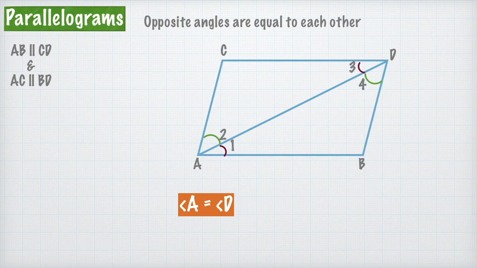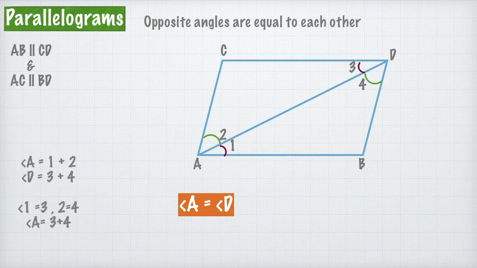Moreover, I see that angle A is equal to angle 1 plus 2 and angle D is equal to angle 3 plus 4. And now using that 1 is equal to 3 and 2 is equal to 4, I can prove that angle A is essentially equal to angle 3 plus 4. Why? Because 1 is equal to 3 and 2 is equal to 4.